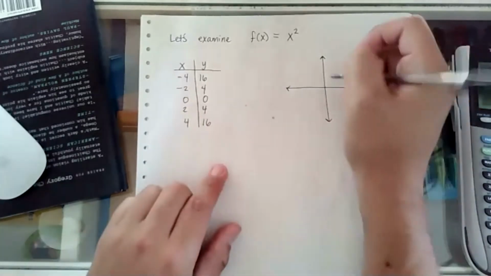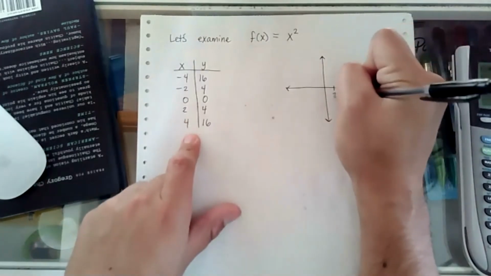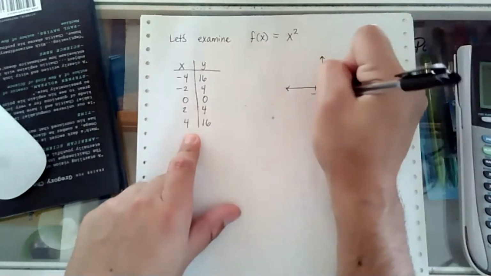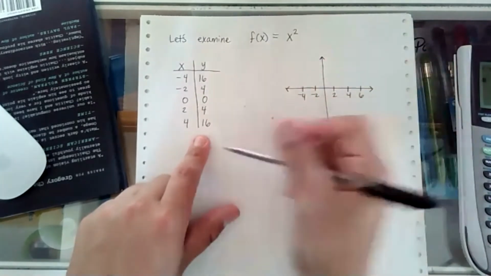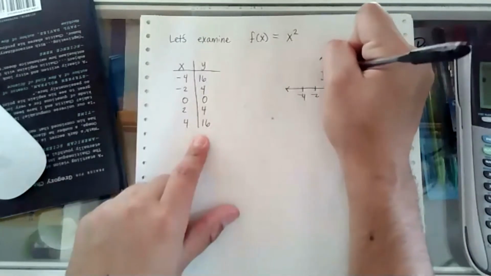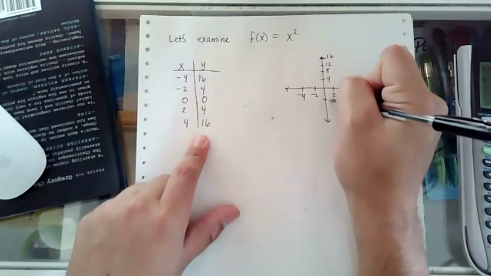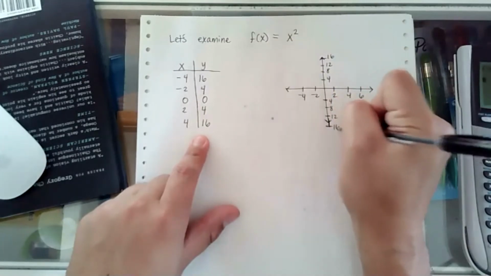So if I plot these out, let's go by 2s here: 2 and 4, and then -2 and -4 over here. And for the output values, or the y-axis, let's go by 4s maybe: 4, 8, 12, 16, 4, 8, 12, 16.